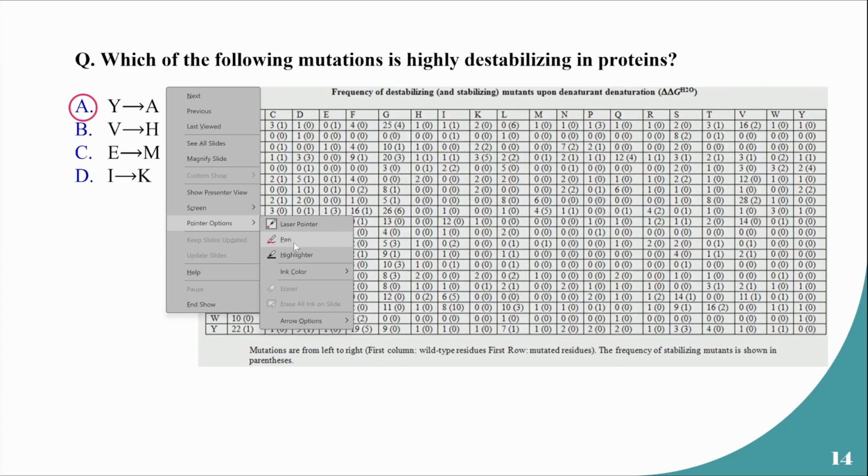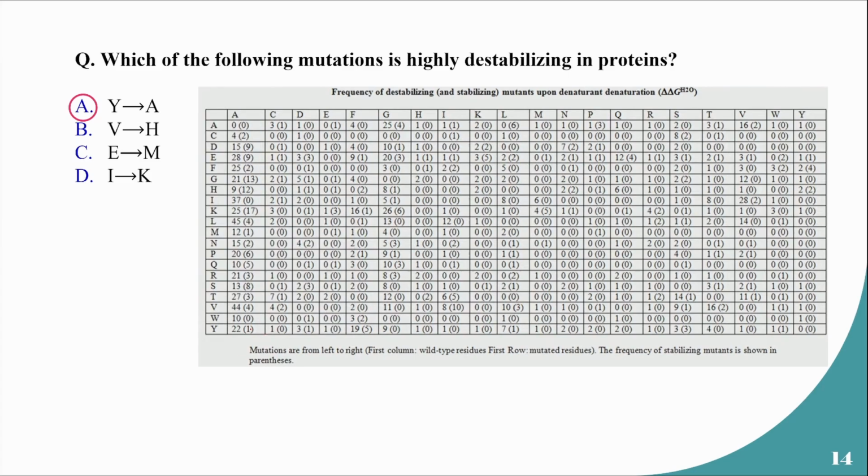mutations. So Y2A mutation will be represented by this box, right? And then valine to histidine, I think, should be this box, okay?